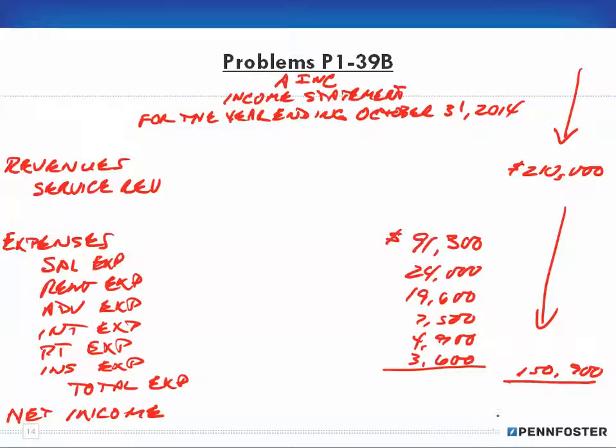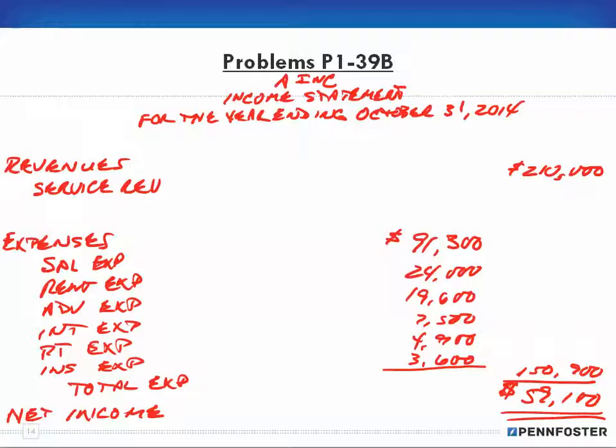This is the mathematical calculation, so I need to draw that underline. And the difference between 210,000 and 150,900 is $59,100. And that gets a dollar sign because it's going to be the end of a calculation. And so I draw my double underline and I put my dollar sign there. And that's what my income statement looks like.